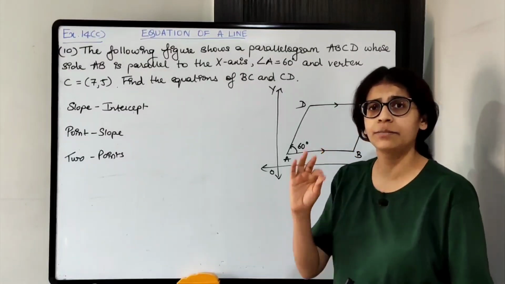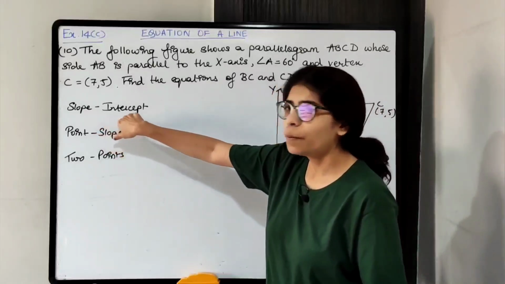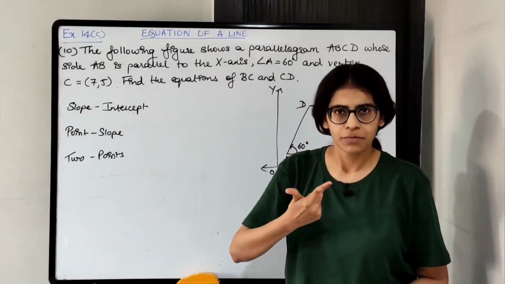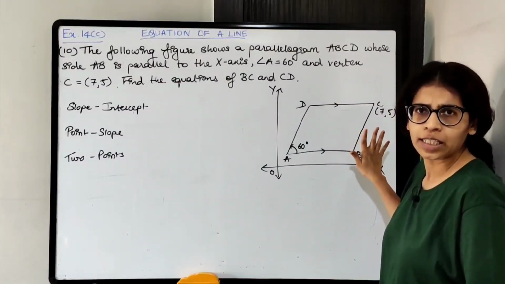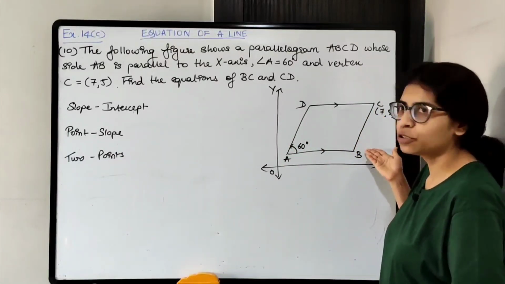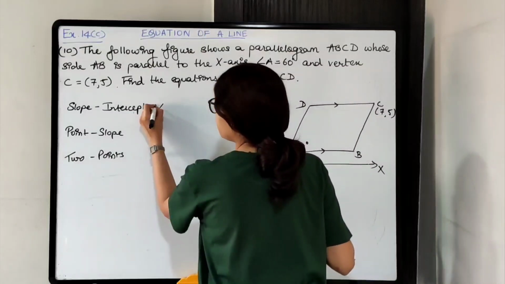First, let us consider BC. How will we find BC? Slope intercept: for that you need slope and y intercept. Can I get the y intercept for BC? Where it is intersecting the y-axis, it is not possible to find that, right? So this is not possible.